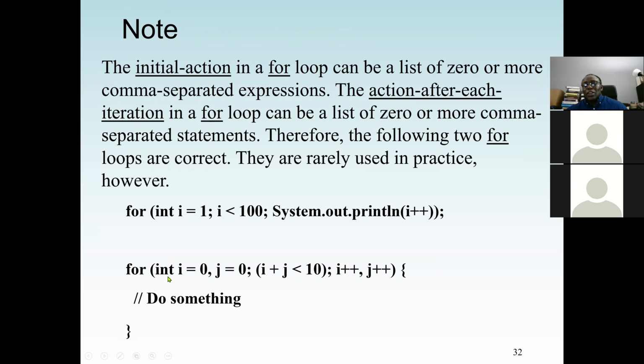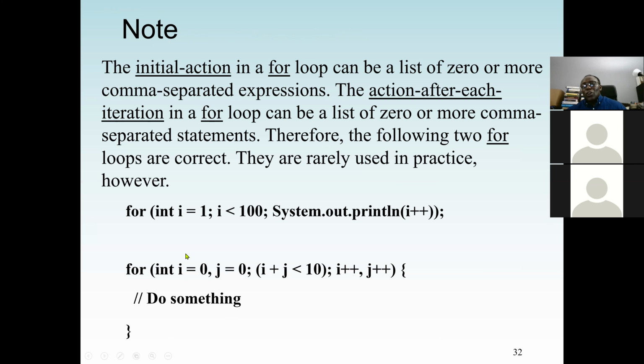And here also, for example, we say i equal to 0. We have 2 counters here, j equal to 0. And our condition is we want i plus j less than 10. Then we increment. But again, this is okay. But since you have 2 counters, we can use 2 for loops.